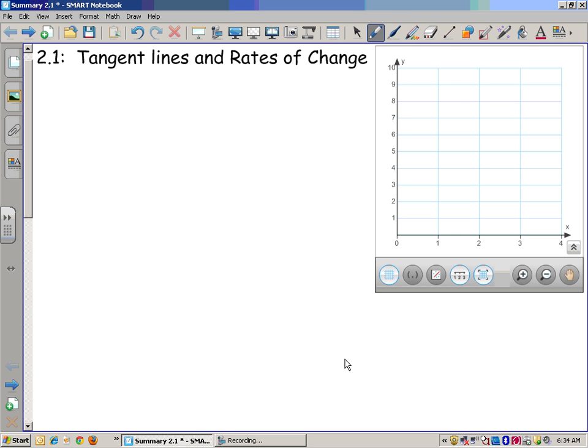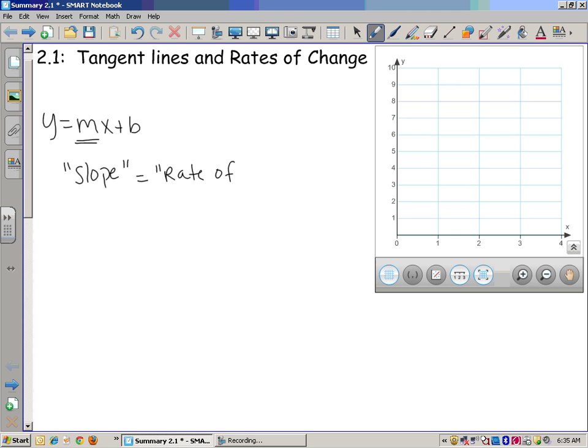I want you to tap into your previous knowledge and remember that in Algebra 1, we did something like this. And in Algebra 1, this m represented what we called slope. In fact, that's what we're dealing with when we talk about rates of change. Slope is going to be what we refer to as rate of change.